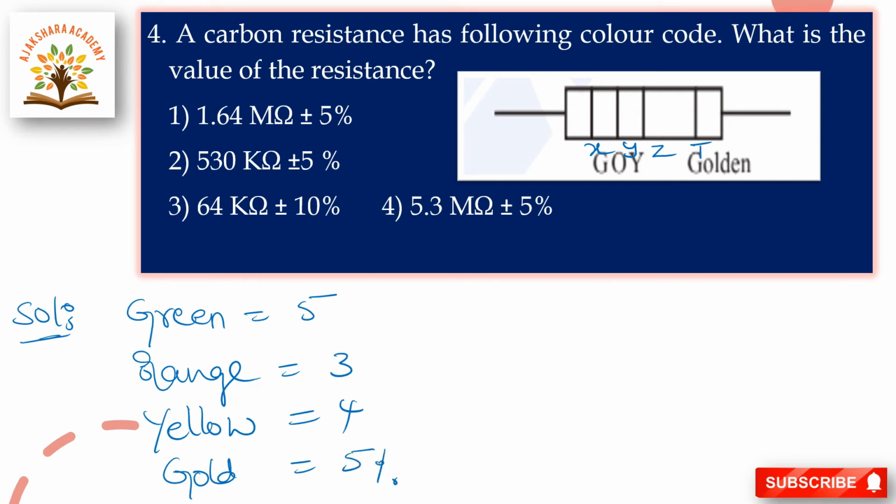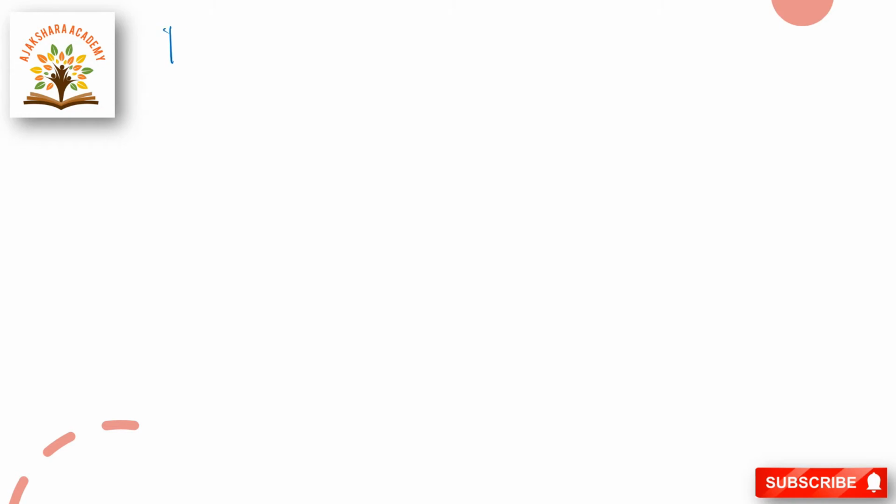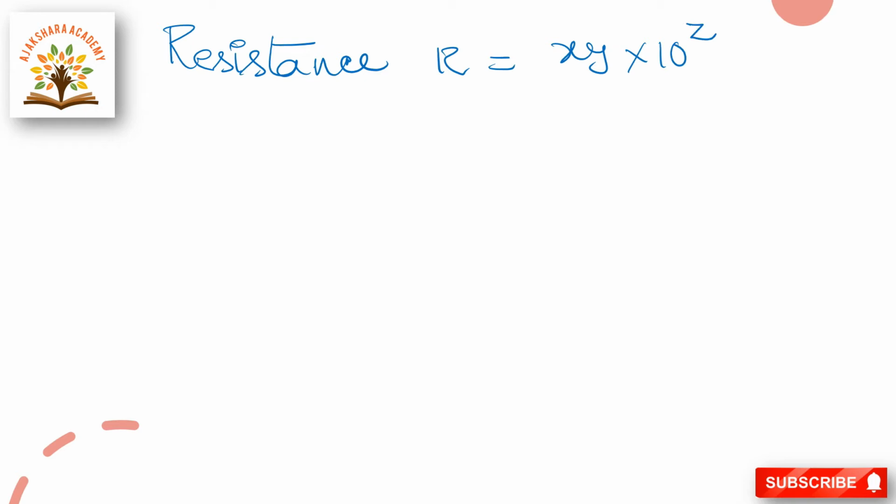So resistance R is equals to xy into 10 to the power of z plus or minus tolerance. So R is equals to 53 into 10 to the power of 4 plus or minus 5%.